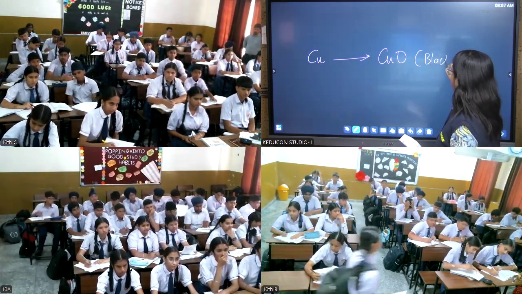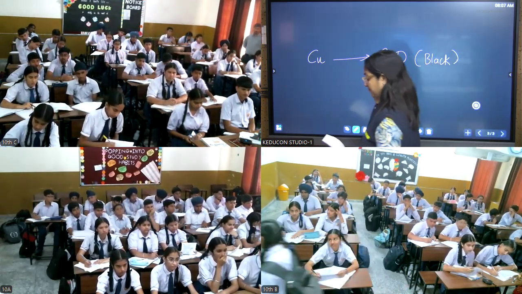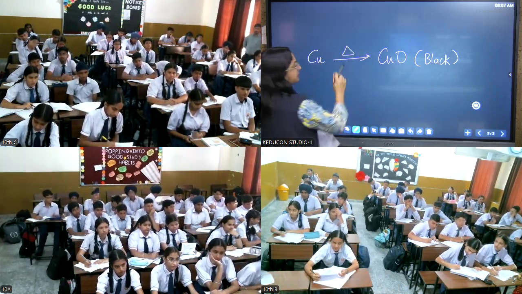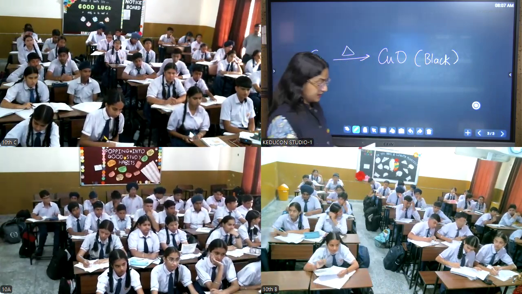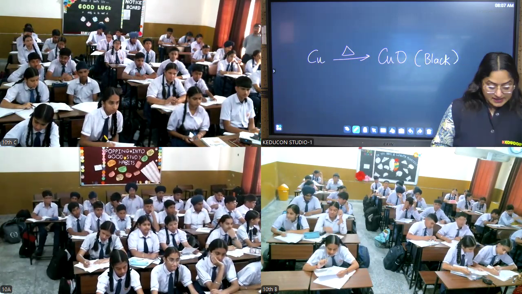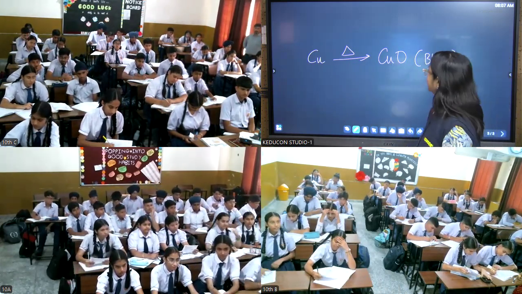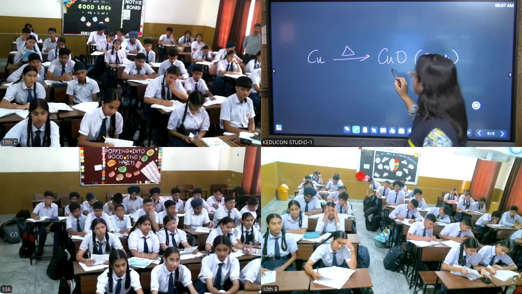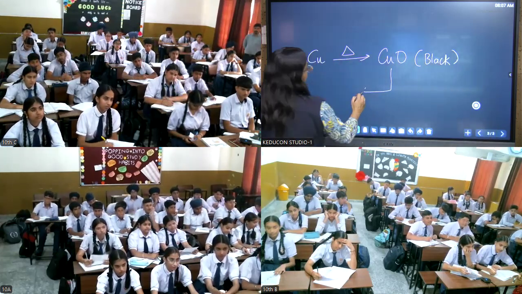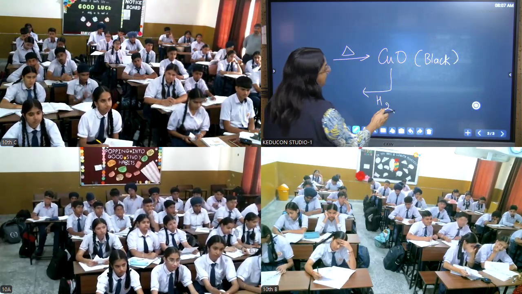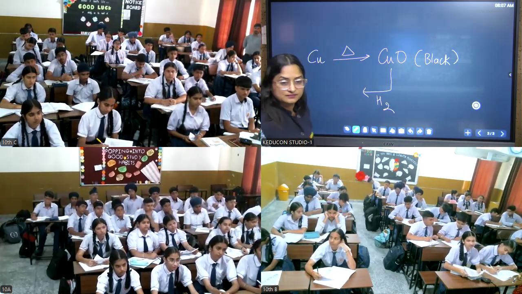This delta sign is for heating. So what statement justifies the reverse reaction when hydrogen is passed through it? What is going to happen if you pass hydrogen through it?